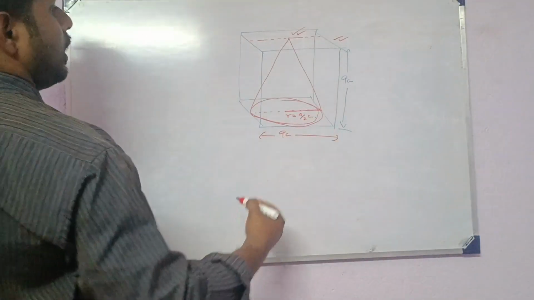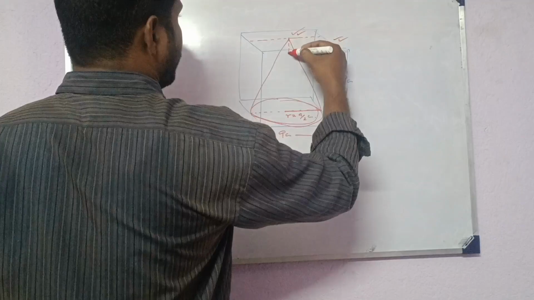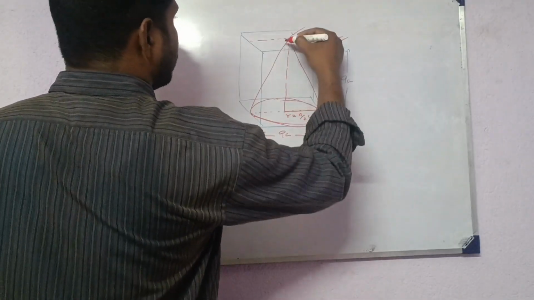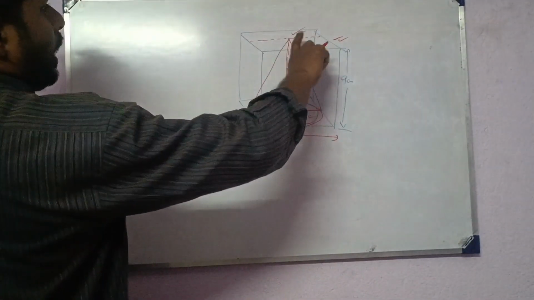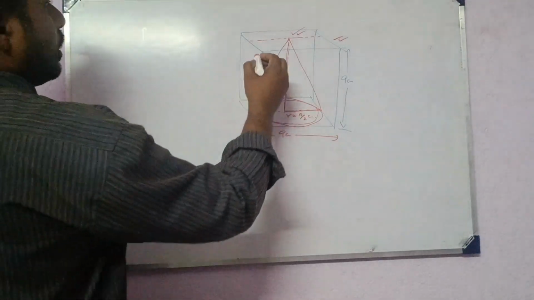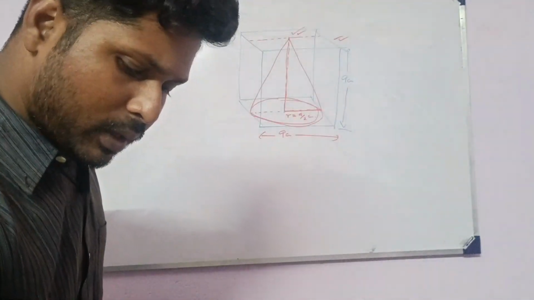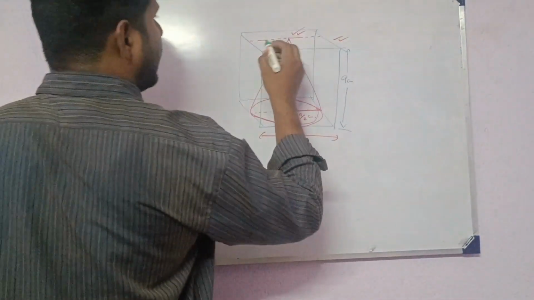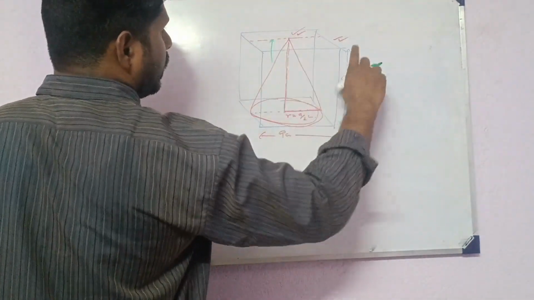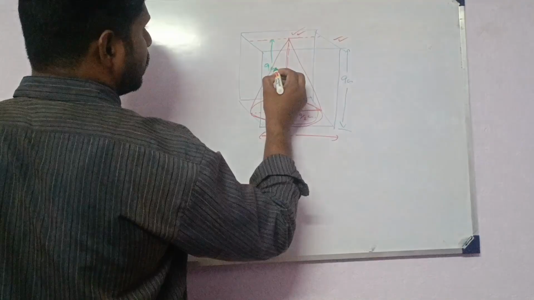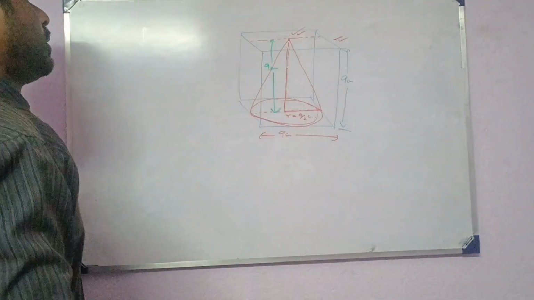Radius is half, and to find volume we have to find the height also. So that is the height. Therefore height is equal to the edge. So the height of the cone will be, the edge is 9 centimeter, so the height is also 9 centimeter.